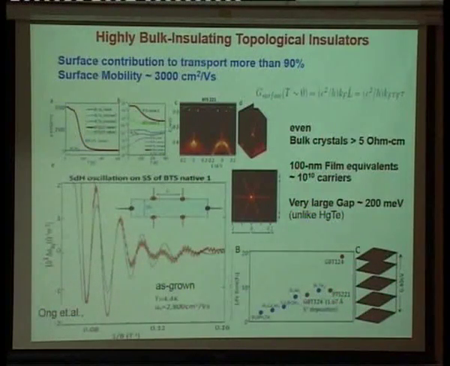So it would actually be more insulating than mercury telluride. People are trying to do that. It takes time for MBE people to perfect how to grow this ternary material. But the advantage here is that the gap is 200 millivolts, not 10 millivolts as in mercury telluride. So the high temperature effects and the proximity effect and other things would be more enhanced.